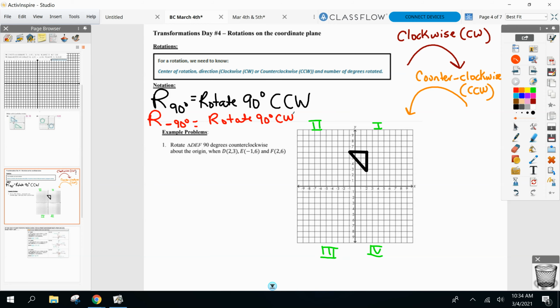So how the heck do I actually rotate? How do I actually find the point I end up with after I rotate? Well, let's try an example. So I'll give you guys a minute here. Go ahead, draw a triangle DEF in the correct points for me.